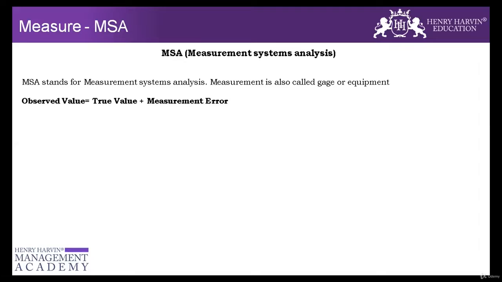Absolutely. So the observed value is the value that was given to me, that is 1000 grams. The true value is the actual value which comes out as 950 grams, and measurement error is the difference between the true value and the observed value.